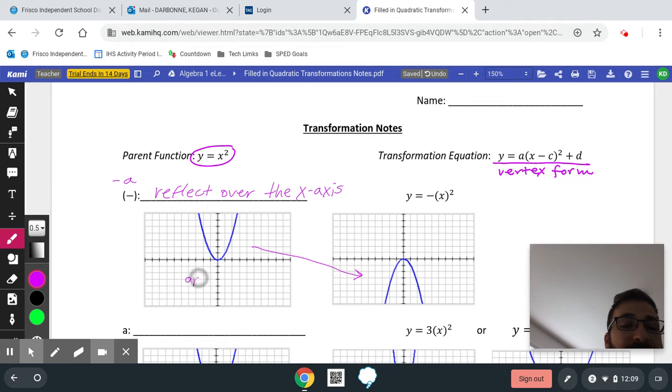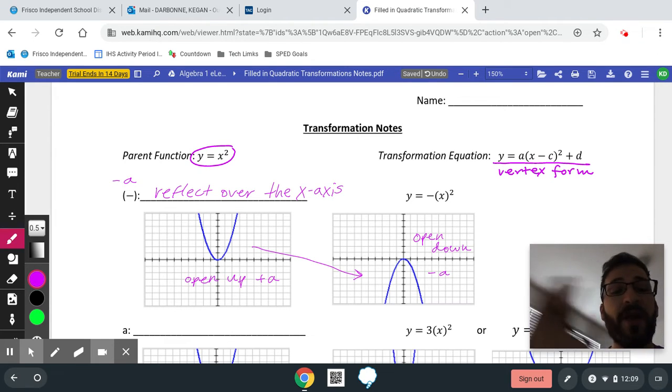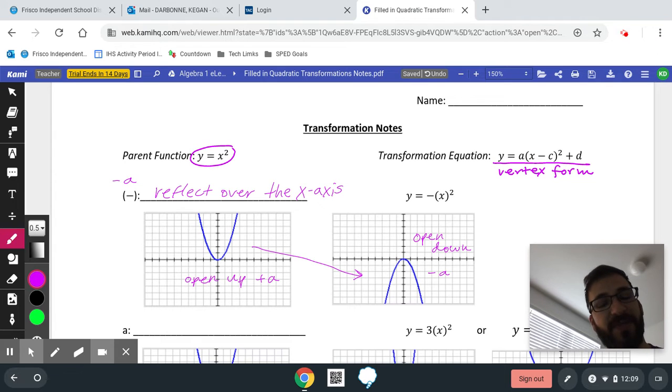So this one opens up with a positive A. It's going to open down with a negative A. So nice and straightforward. Doesn't matter what else A is. If A is negative, it's going to open down instead of opening up. And we call that switching in how it opens a reflection, specifically over the x-axis.